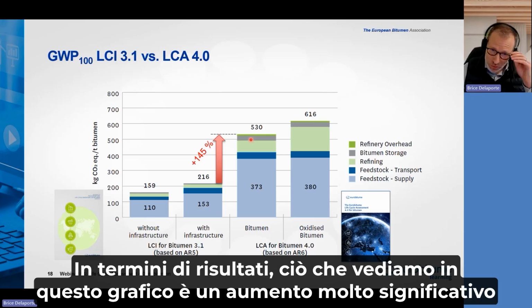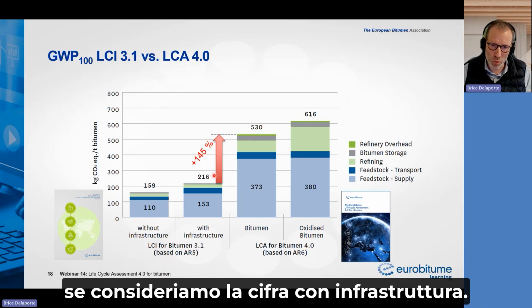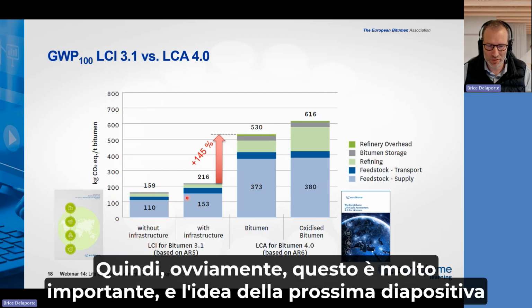What we observe, of course, on this chart is a very significant increase in the carbon footprint compared with the previous study, plus 145% increase if we consider the figure with infrastructure. So, of course, it is very important.